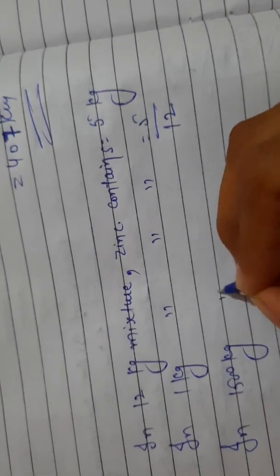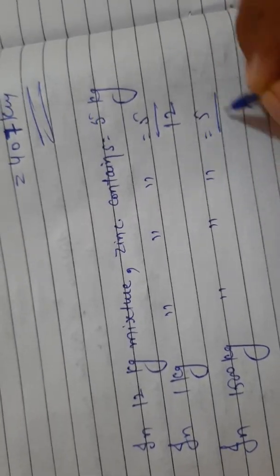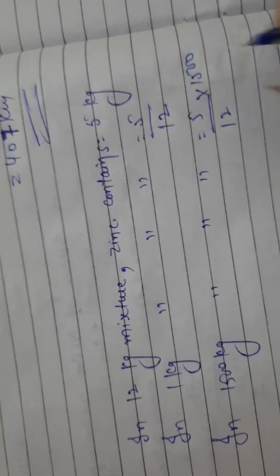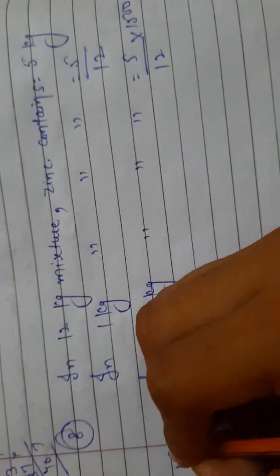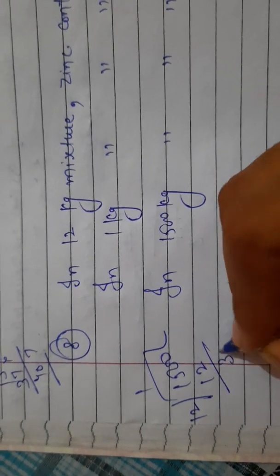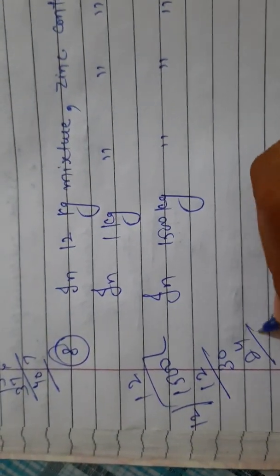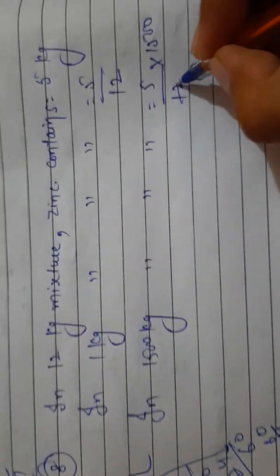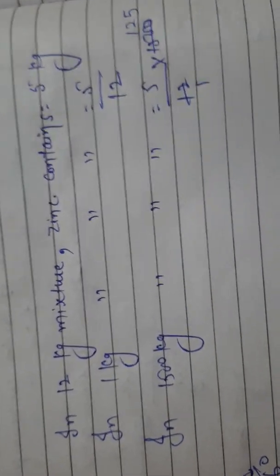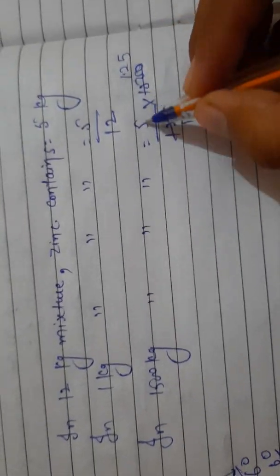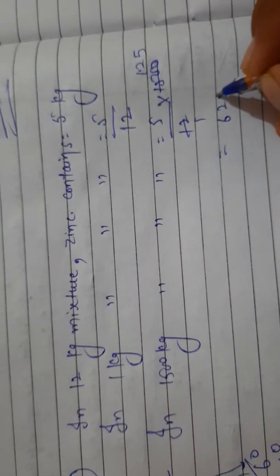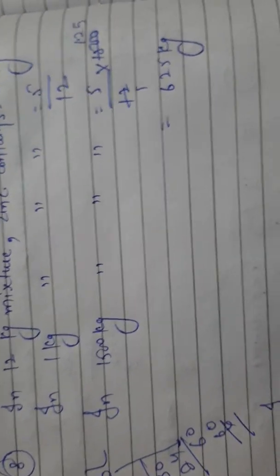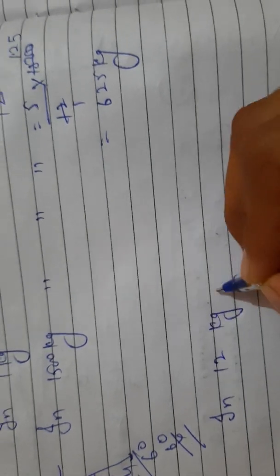In 15 kilogram mixture zinc contains 5 by 12 into 1500. Divide this 1500 with 12. 12 ones are 12, 12 twos are 24, 12 fives are 60. So when you cut, you will get 125. So 125 fives are 625 kilogram.